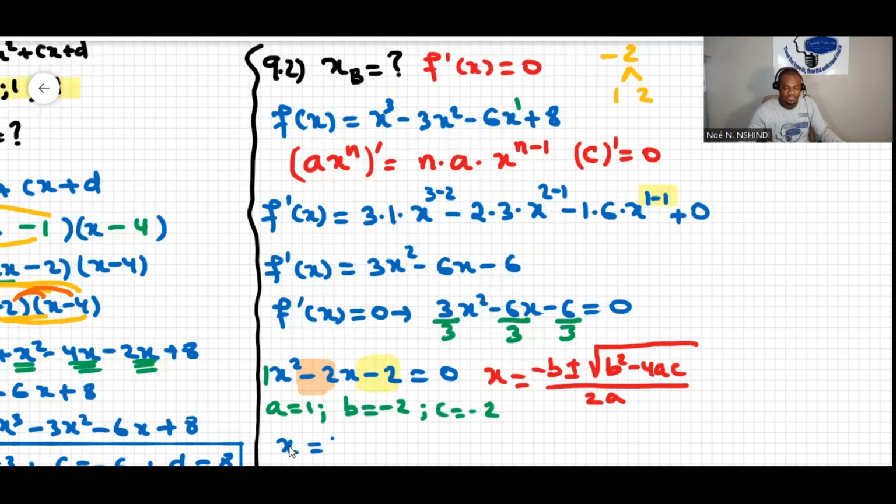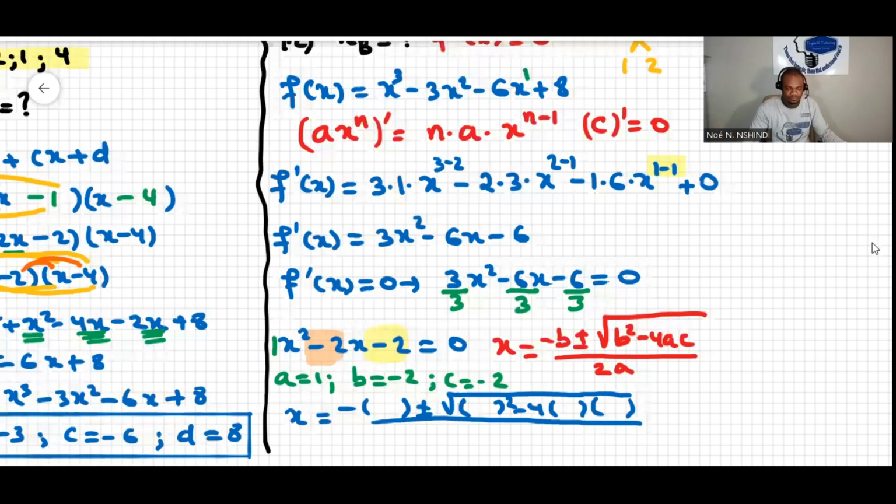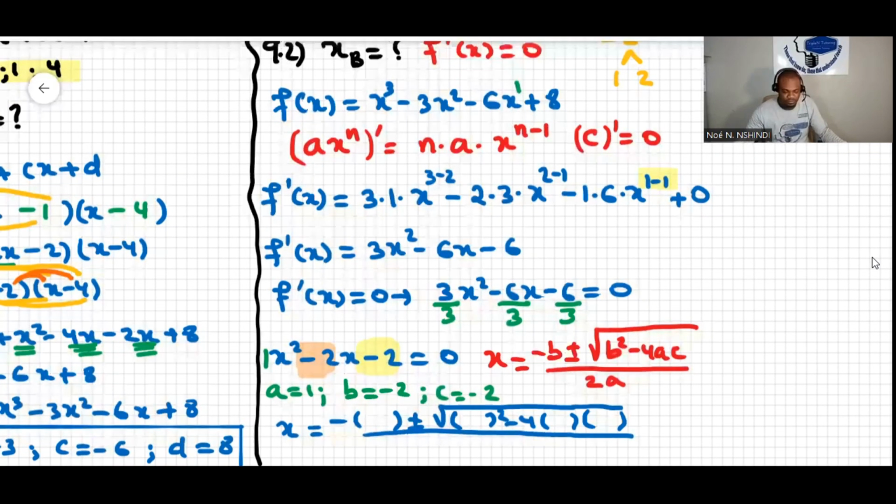So it's going to be minus b plus or minus the square root of b squared minus 4ac, all over 2a, okay?